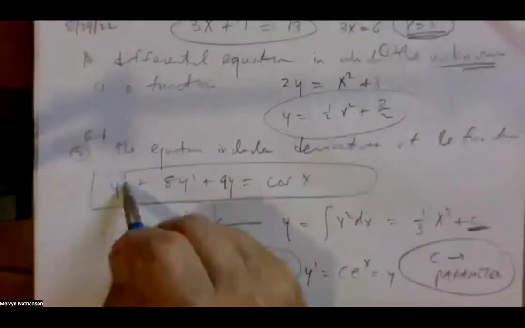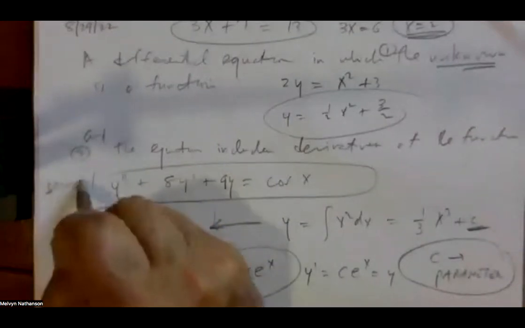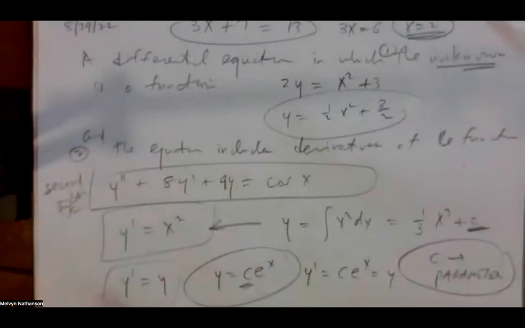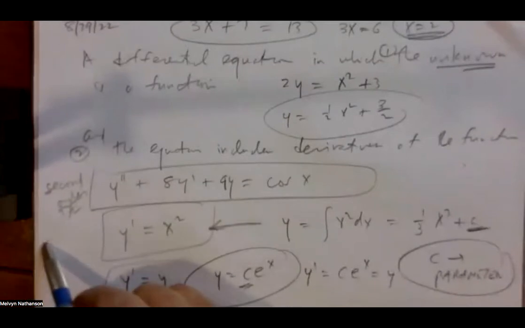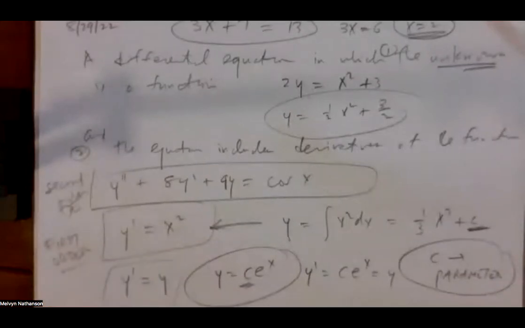So this equation, which involves the second derivative, is called a second order DE, differential equation. This equation, which involves just the first derivative, is first order. It's a first order differential equation.